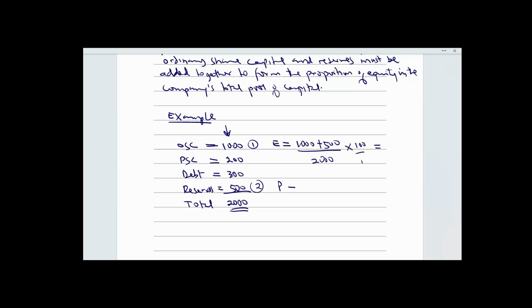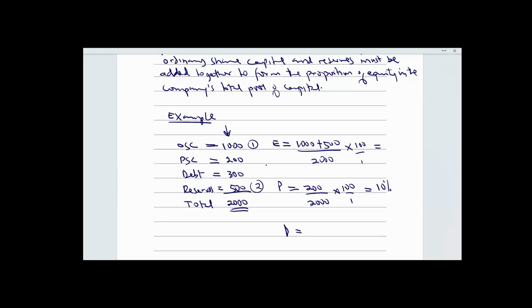Then the proportion of preference share will be equal to 200 divided by 2,000 multiplied by 100%. This will give you 10%. That's the proportion of preference share.